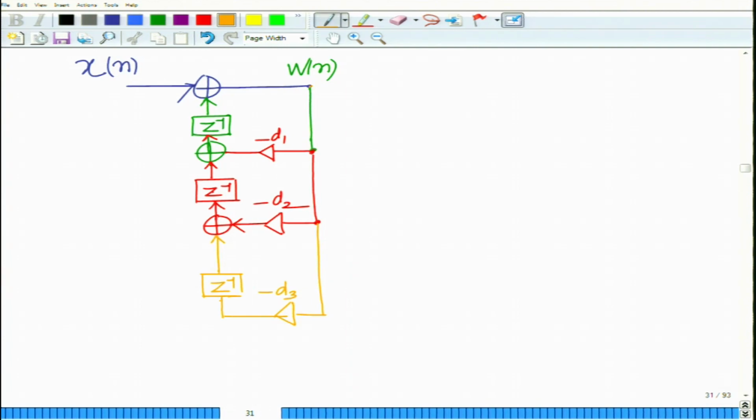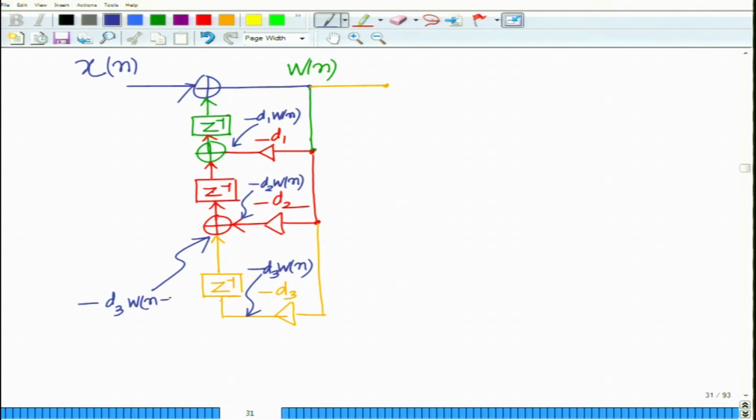Now, this w(n), we will complete this later, is being passed forward. So, now if you see, at this point we have minus d1 w(n), at this point we have minus d2 w(n), and at this point we have minus d3 w(n). At this point I have minus d3 w(n-1) further delayed.